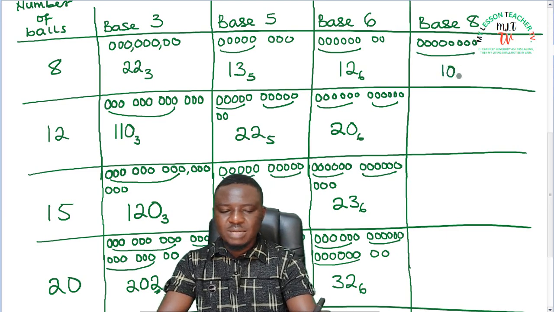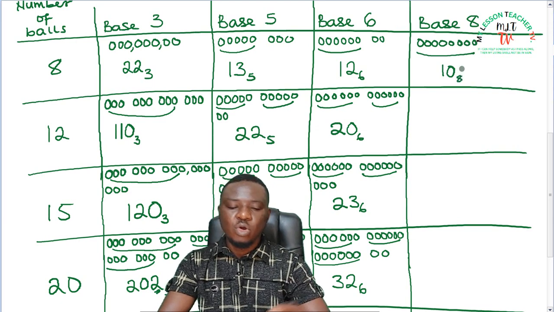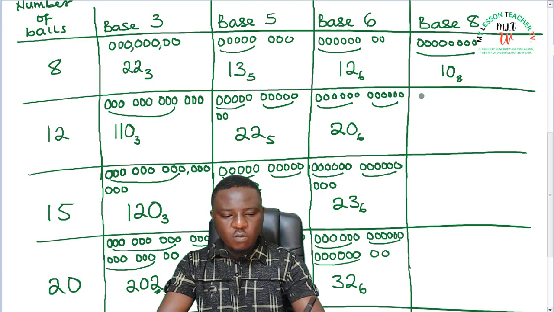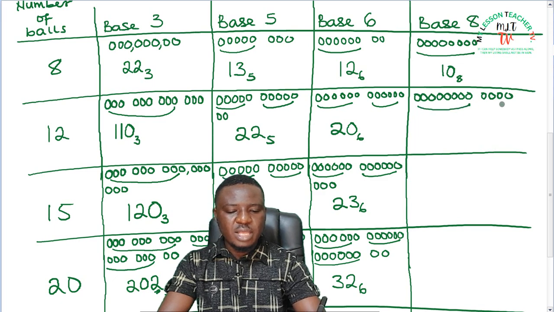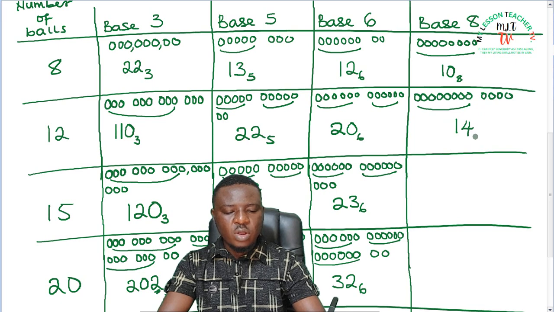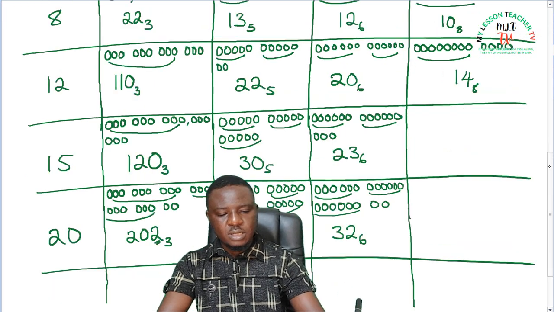So 8 is said to be 10 in base 8, or you call it 1, 0 base 8. 12 can be grouped in terms of 8 also. You have 1, 2, 3, 4, 5, 6, 7, 8, 9, 10, 11, 12. So we have one group of 8, remainder 4, all in base 8.